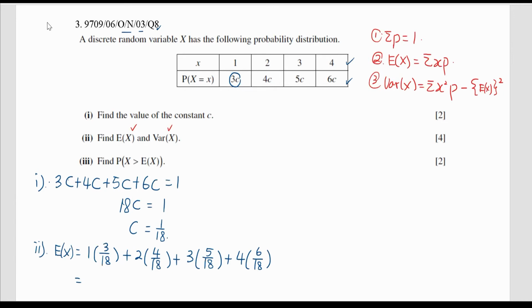So just press the calculator and we will be able to get the mean. So we are getting the mean as 25 over 9.